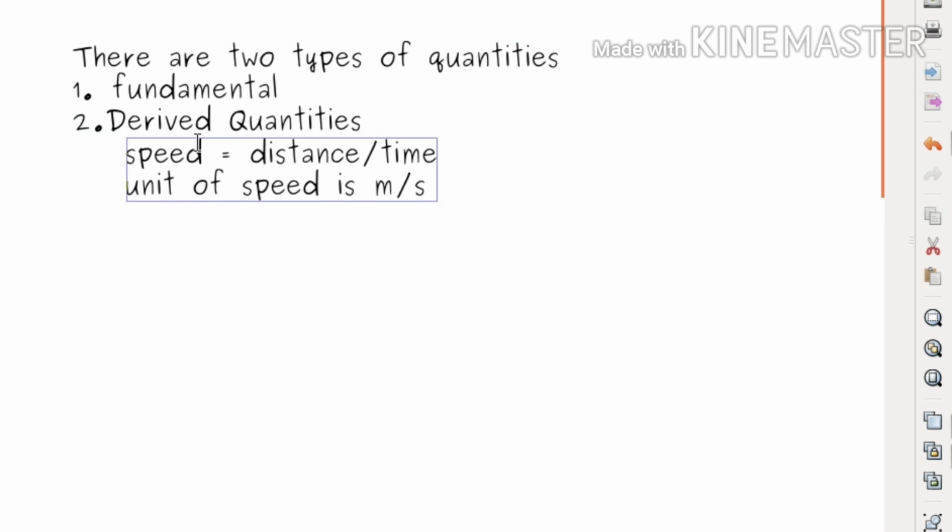How many? 7 types of fundamental quantity.